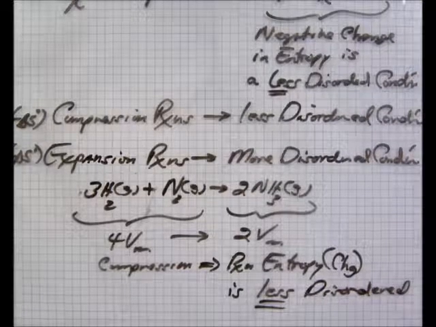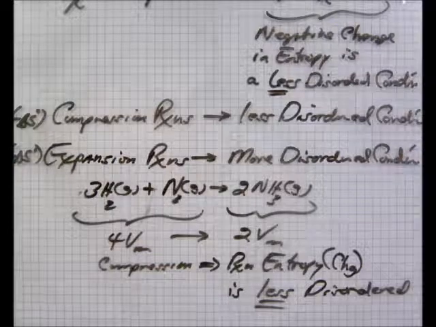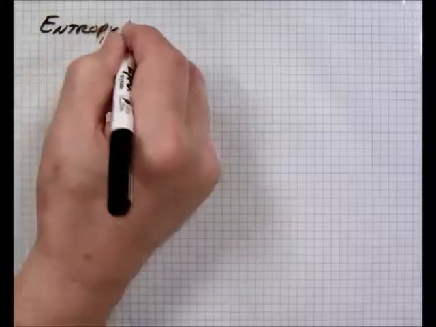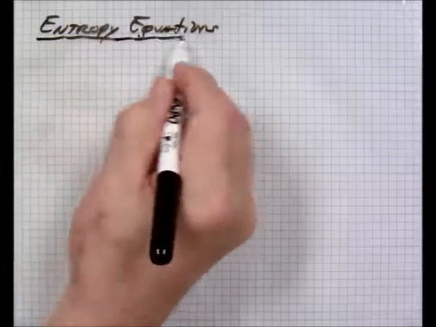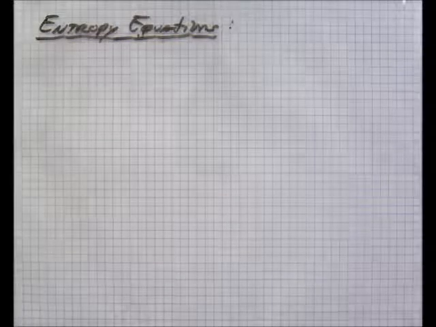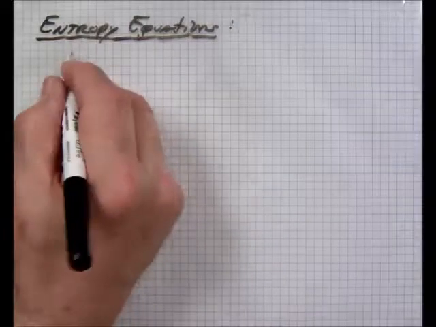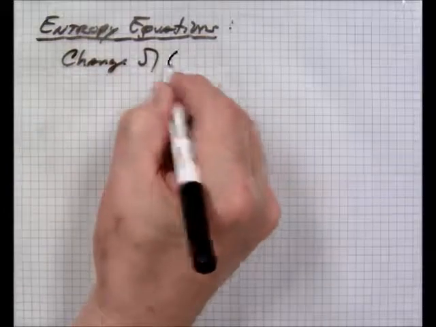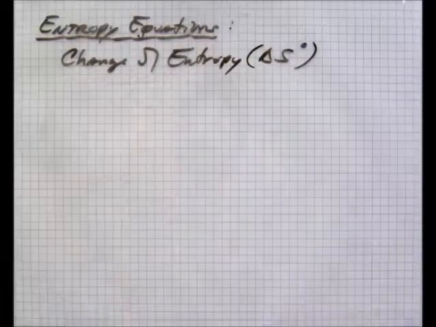In the context of identifying that reaction in terms of entropies, entropy equations are applied to the reaction, which means that what we're dealing with here is a change in entropy for a given process. So we're dealing with a change of entropy, delta S, at standard conditions.